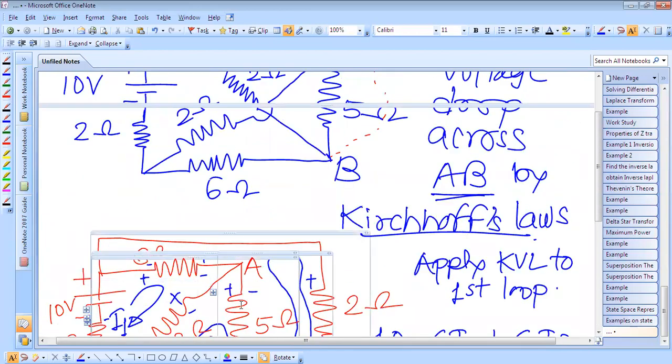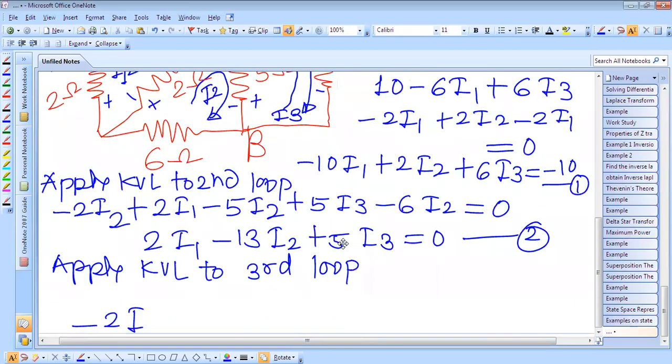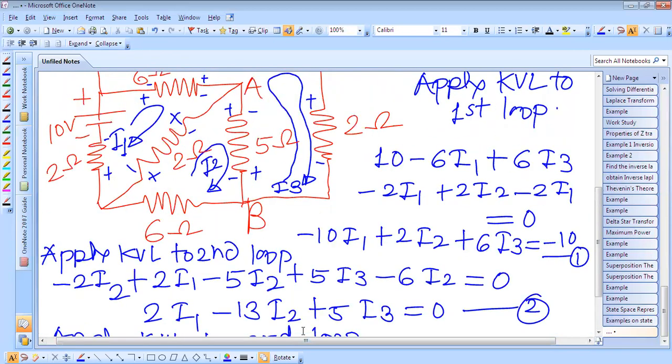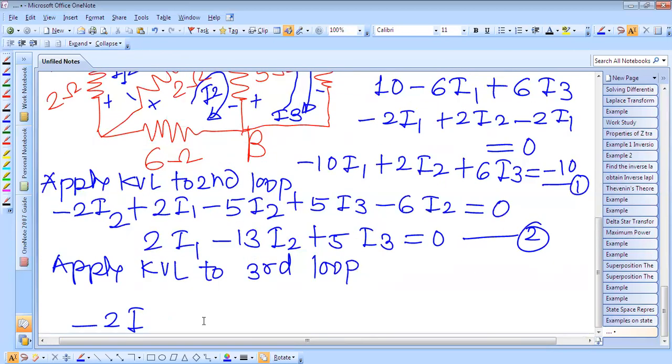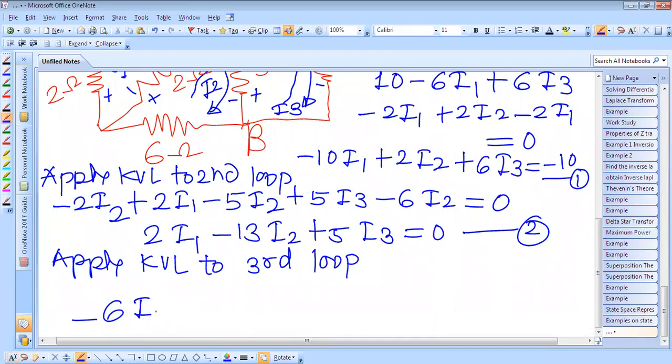You have to start from this 6. Minus 6I3 plus 6I1, because there is a drop in potential because of current I3, and at the same time a rise in potential because of current I1.